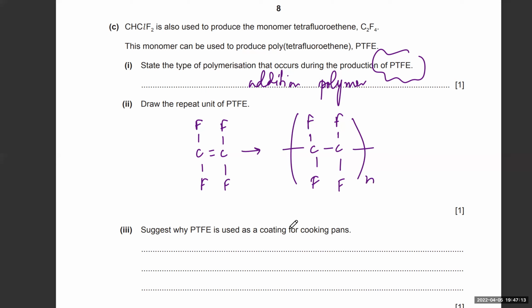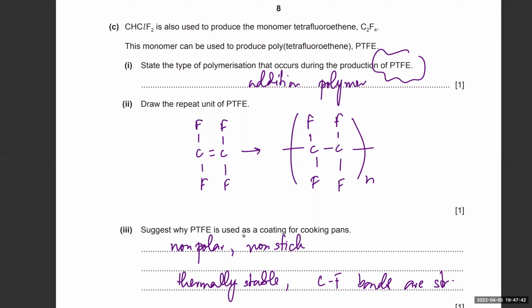And so that's why it's used for cooking pans, because it's non-polar, so it is a non-stick substance, so food doesn't stick to it. It's thermally stable. CF bonds are strong, and thermally stable as well.